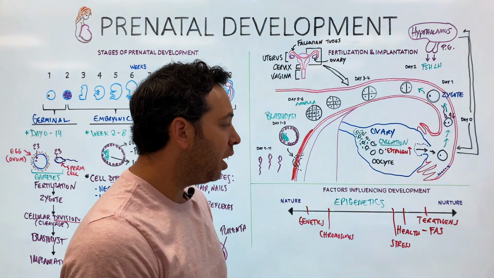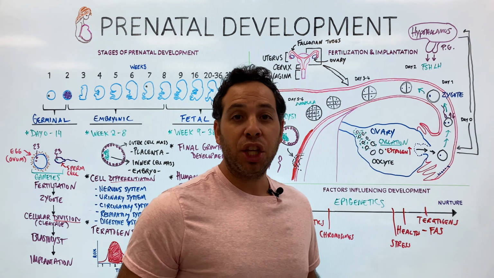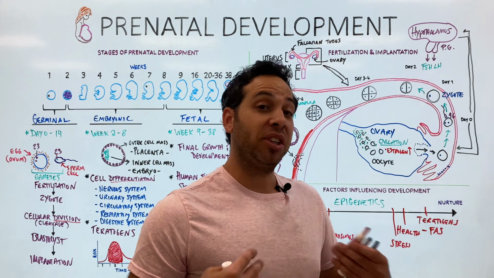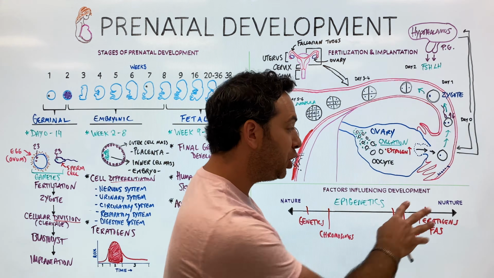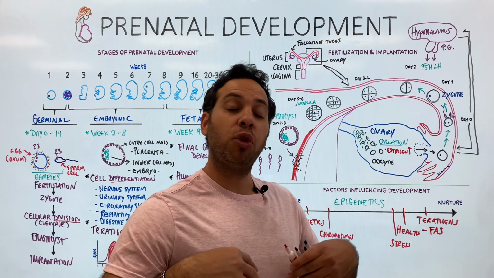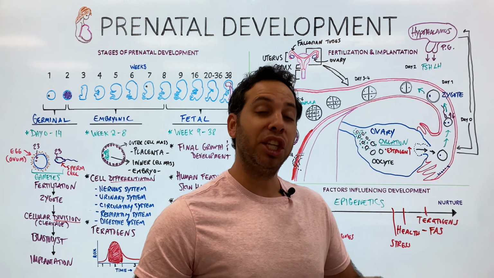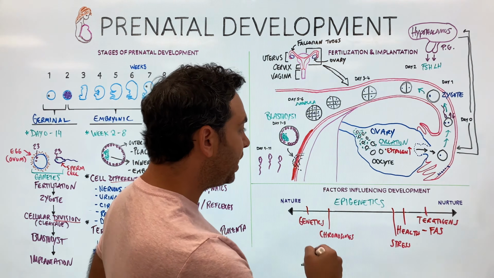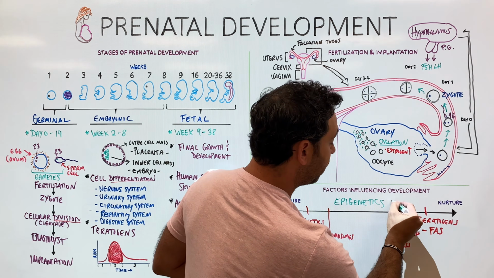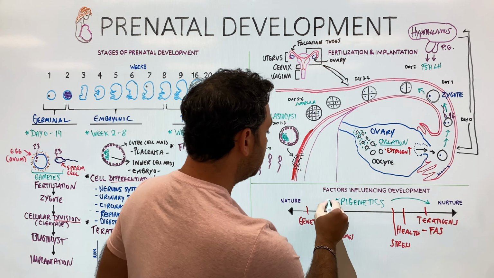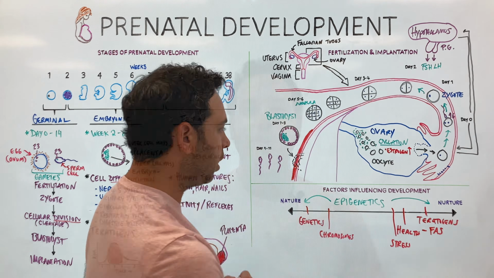So if you grow up in a really healthy environment, you might have a gene for a mental illness, but it's not going to show because you grow up in a good environment. But if you grow up in poverty or an impoverished environment, that gene might express itself and then you develop a mental illness. So epigenetics is explaining the idea that there is a connection between nature and nurture.